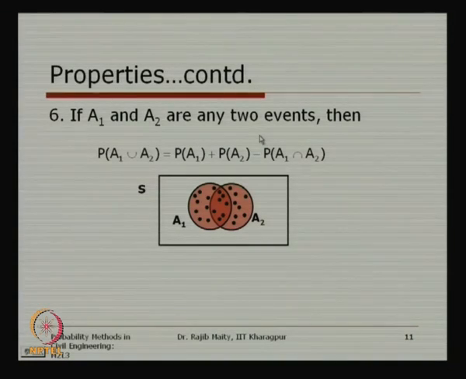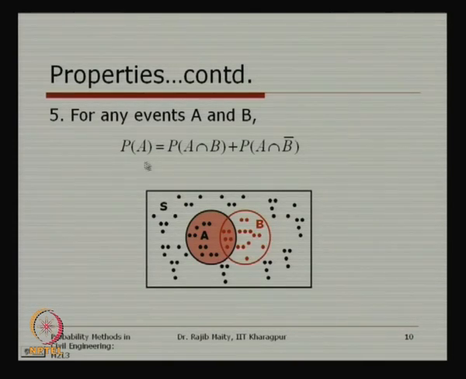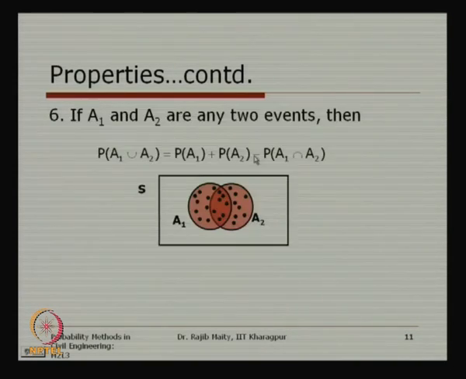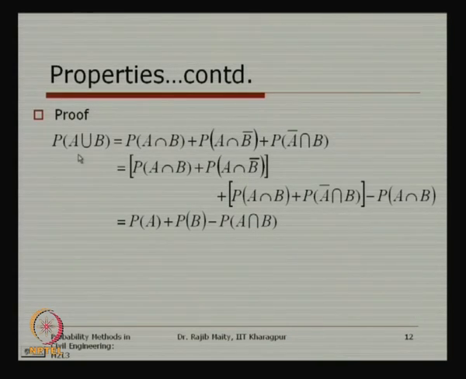Now this equation can also be proven in terms of what we have seen, the representation of one event in terms of two different events in the sample space. So if we see that proof, it states like this: probability of A union B can be expressed in this way, probability of A intersection B plus these two.